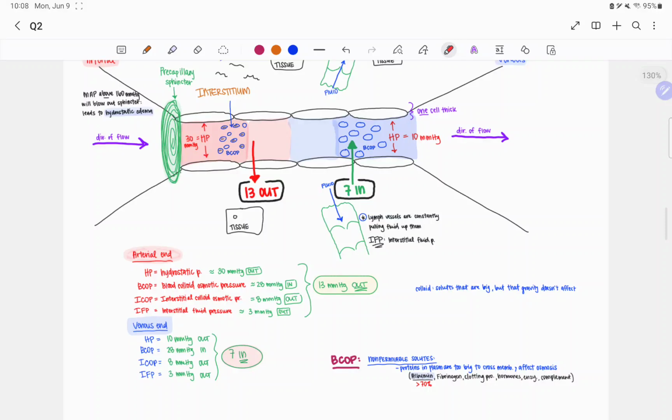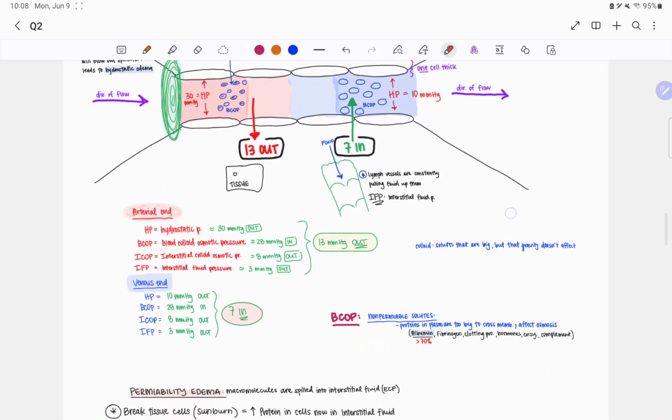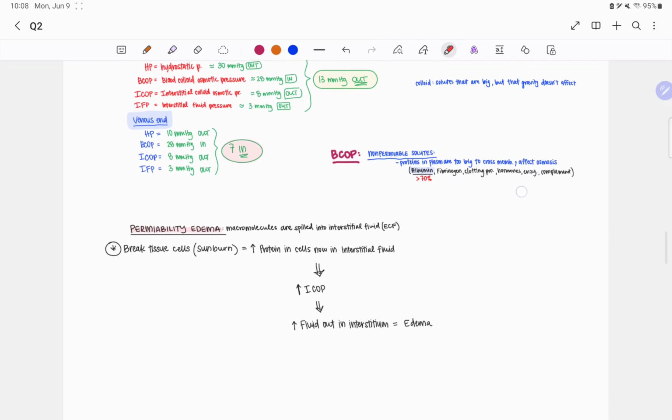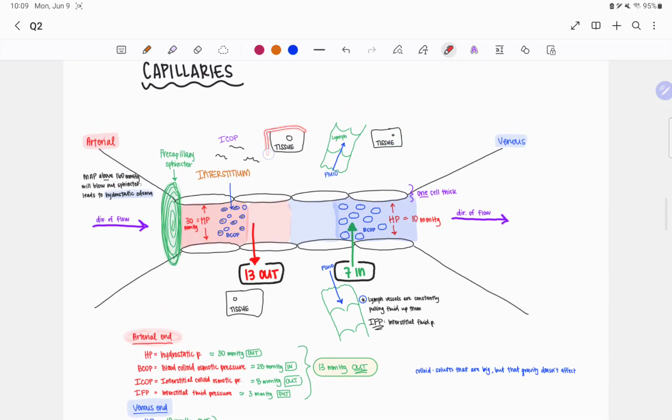So I'm going to give you an example of edema, maybe two. So one thing that could happen is we could break open these tissue cells here, right? And if we break this open, there's going to be some spillage of proteins. Proteins are all over in these cells, right?